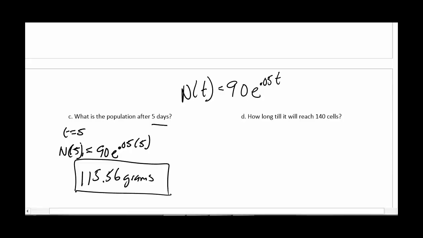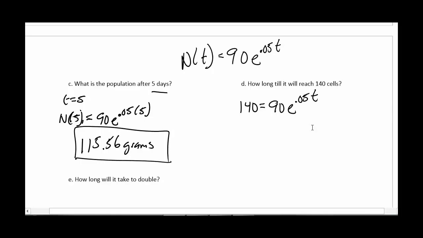That's either t or the amount, so the N, and that 140 actually represents the N piece. And that means we're going to need to solve for t. Well, now this looks like one of our types of equations that we had to solve for. In this case, the variable is buried up in the exponent.